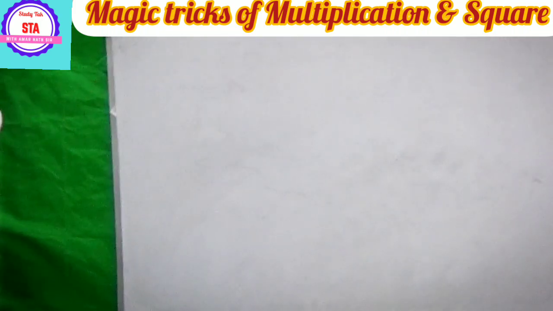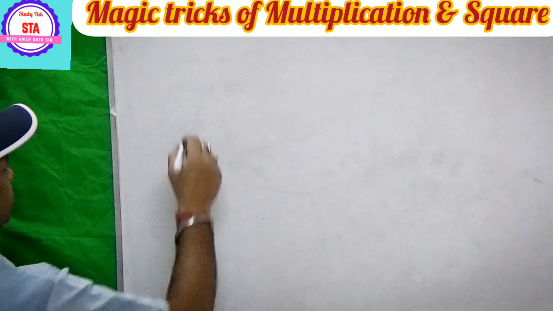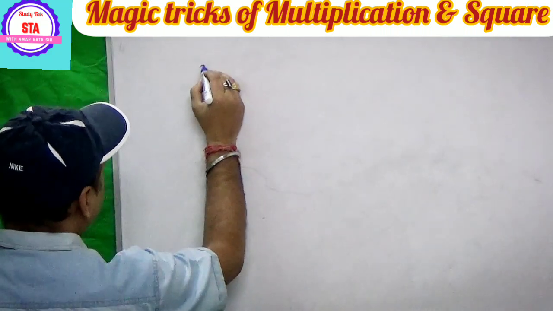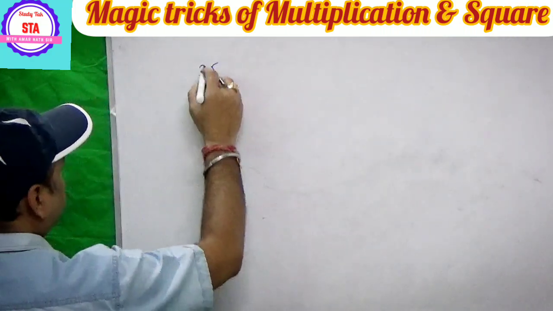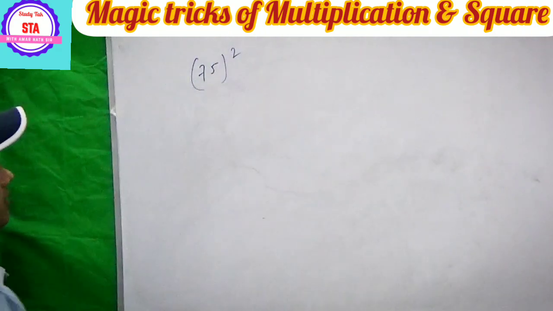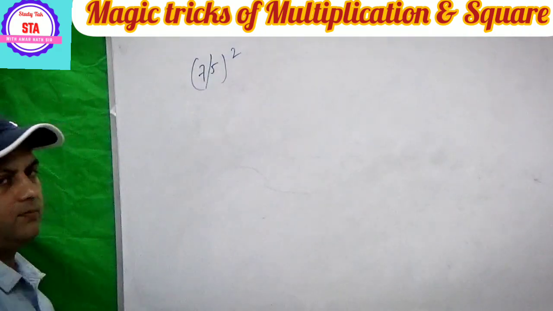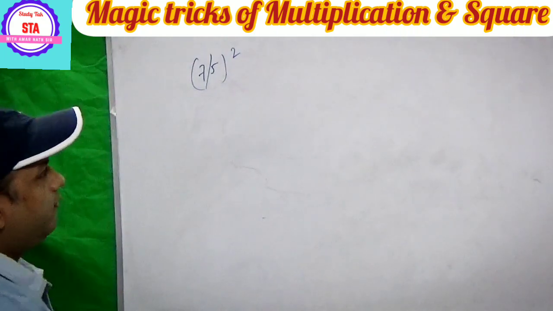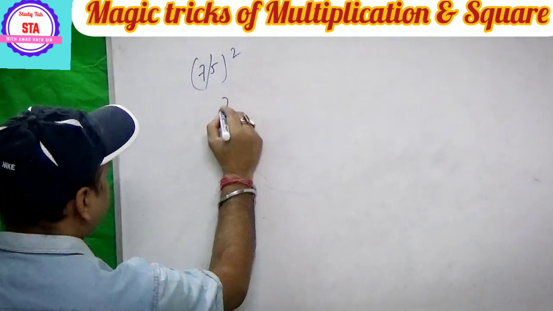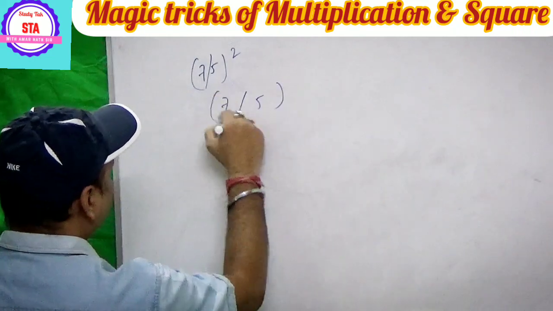Type 1. The first type of calculation. Write the square of 75. If you need to find the square of 75, you should divide the number into two parts. The first part is 7 and the second part is 5.